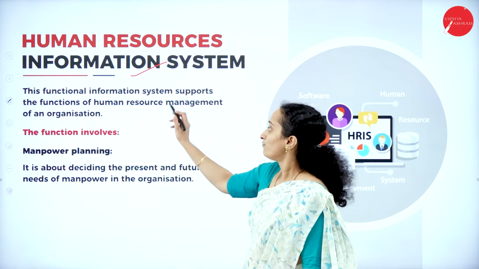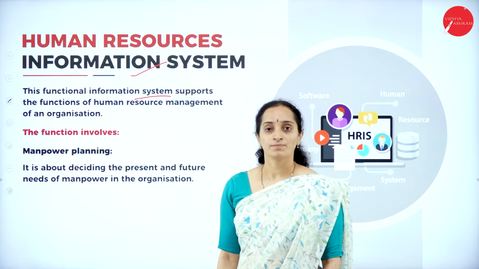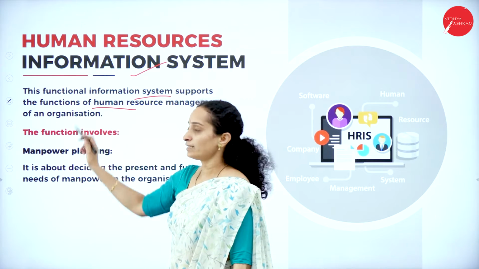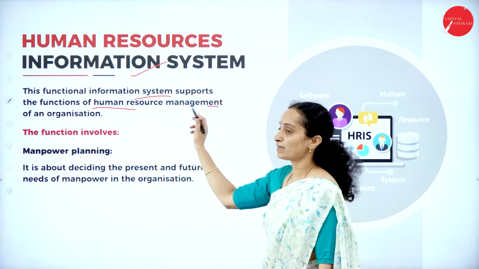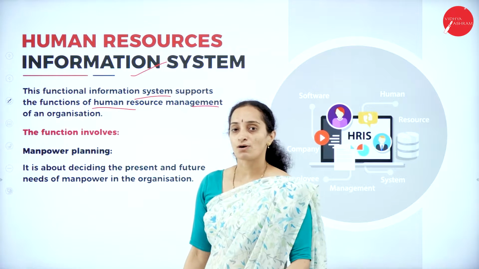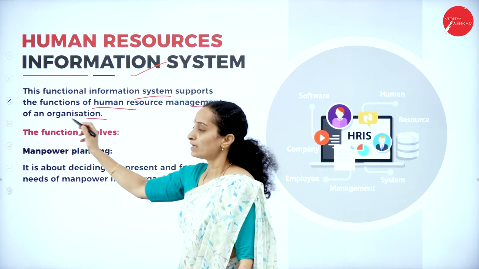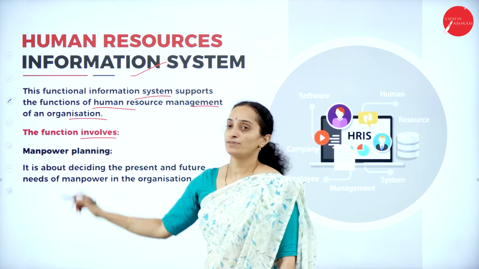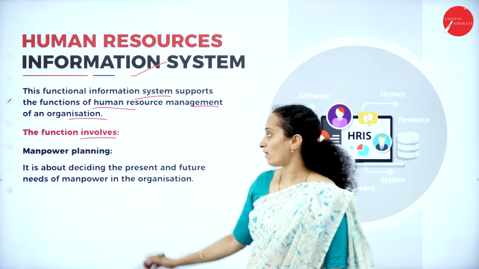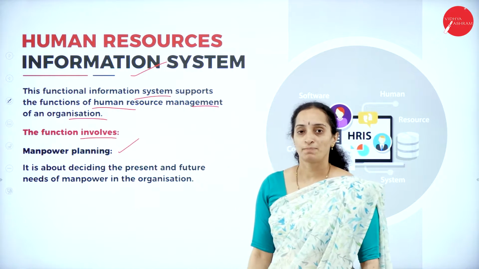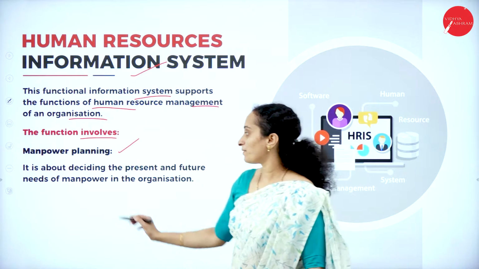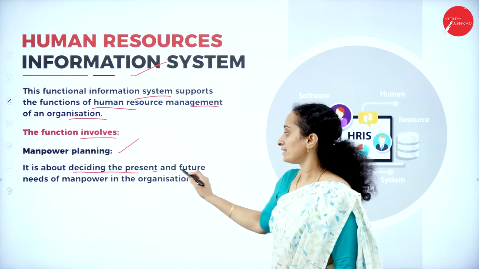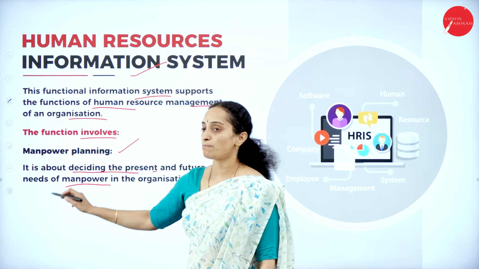This functional information system is supporting the functions of human resource management present in an organization. The function of the HR information system involves manpower planning. How can the manpower be utilized? It is about deciding the present and future needs of the manpower.